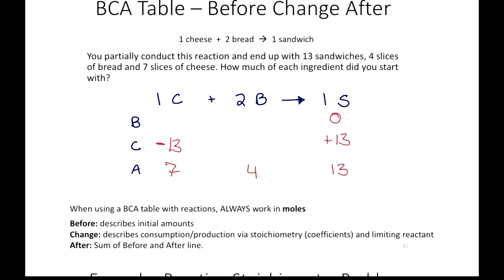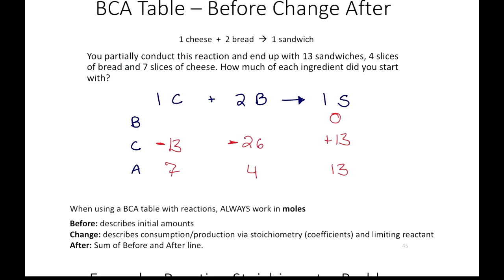Minus 13. Then how many slices of bread did I consume to make 13 sandwiches? 26. Is it plus or minus 26? Minus. And now do you see how we can fill in the rest of the table? It's like Sudoku. I think it's fun.